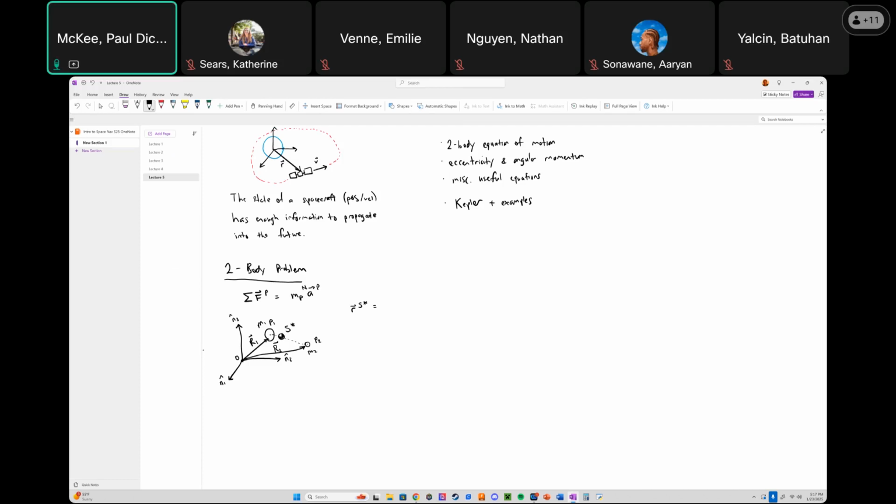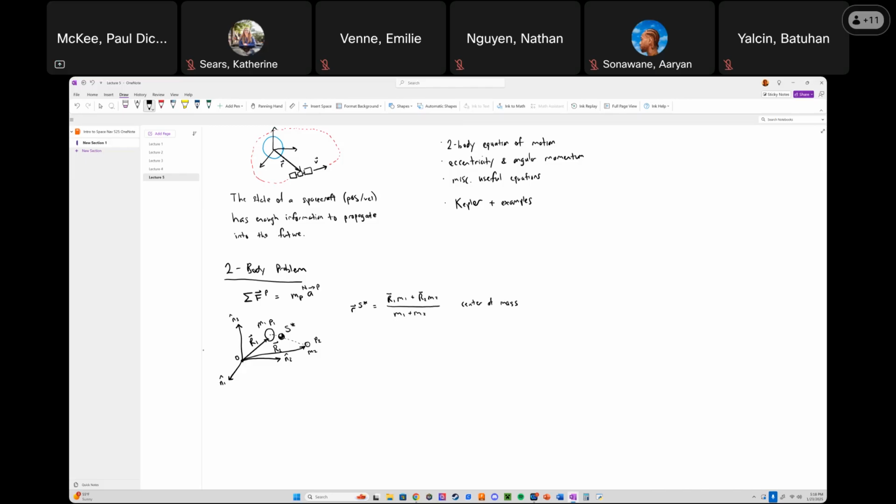is, we just said, the weighted average of the masses of the two bodies, right? So it is the vector to point 1 times the mass of point 1 plus the vector to point 2 times the mass of point 2, and then we divide that by the total mass, m1 plus m2. So this gives us our center of mass.